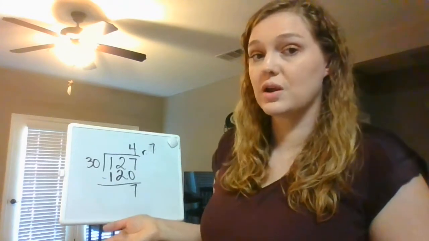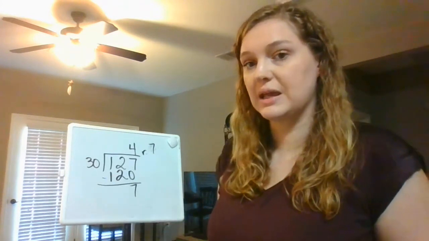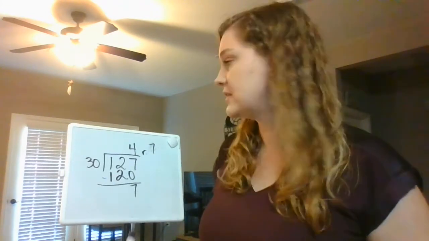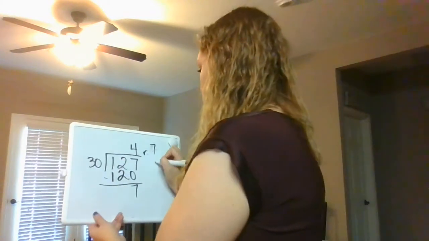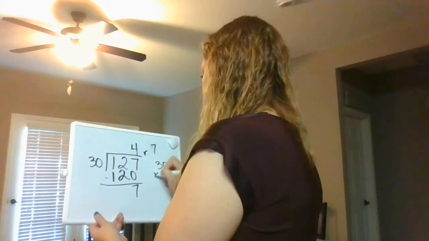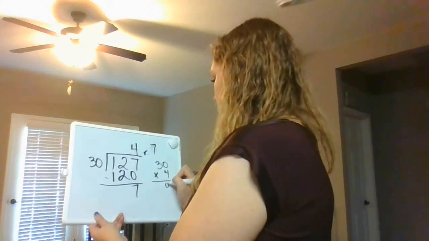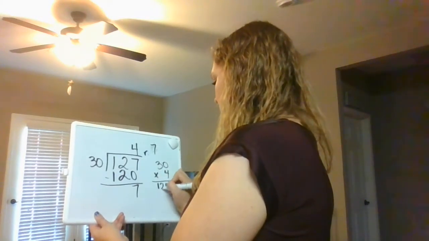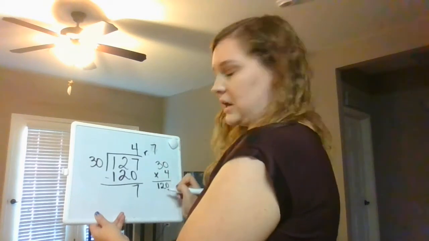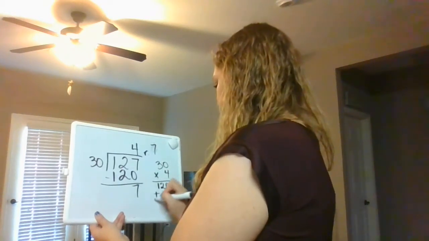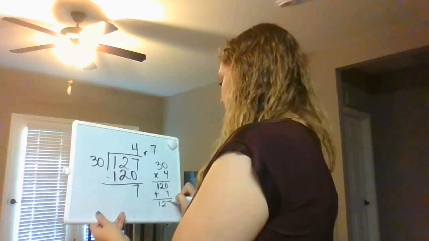So check your work. If you're a little confused about it, check it to make sure you've done it right, because we could check this. We could say 30 times 4. Well, 0 times 4 is 0. 3 times 4 is 12. We add our remainder, and we get 127.